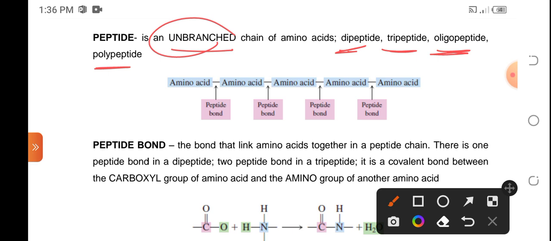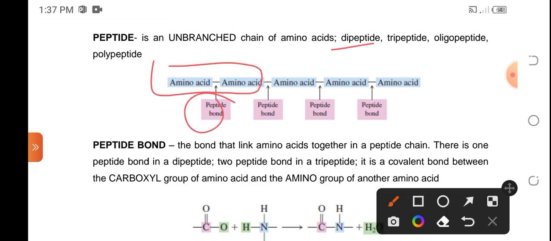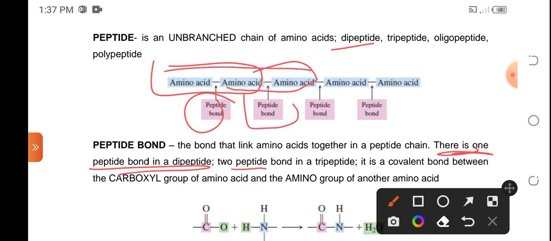Okay, so an amino acid will be connected to another amino acid with a peptide bond. So in a dipeptide, which is composed of two amino acids, there's only one peptide bond. In a tripeptide, of course, if there are three, then there are only two peptide bonds, and so on.